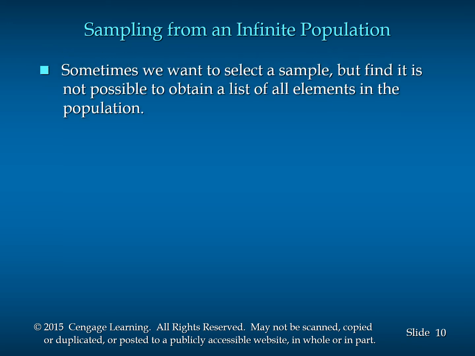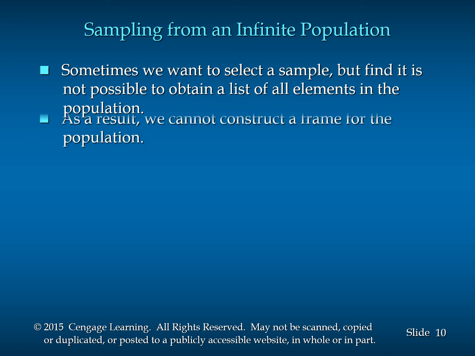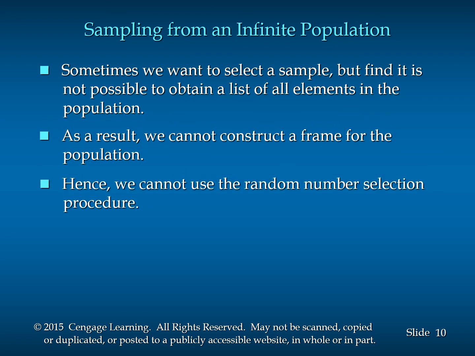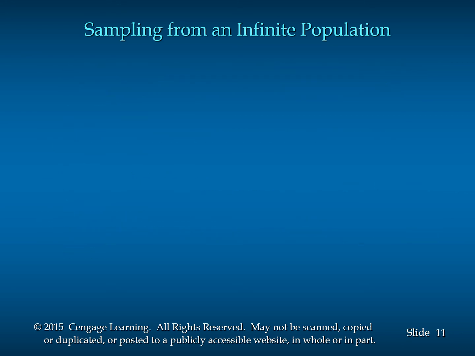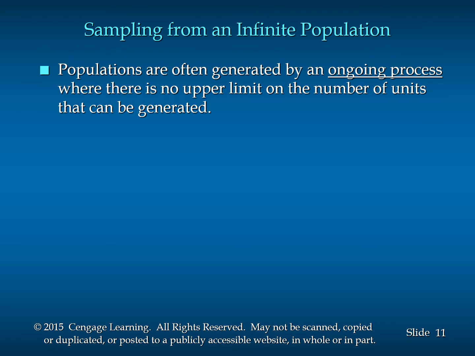When sampling from an infinite population, it is not possible to use the random number assignment. Infinite populations are more common in business, and we need to know how to select random samples.